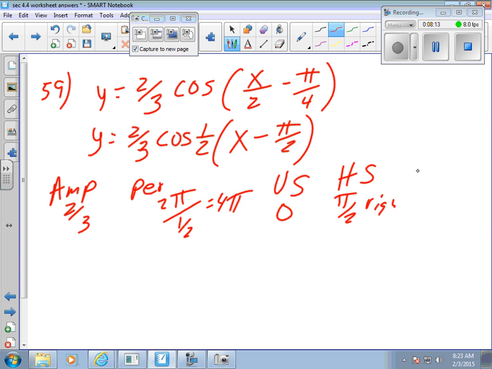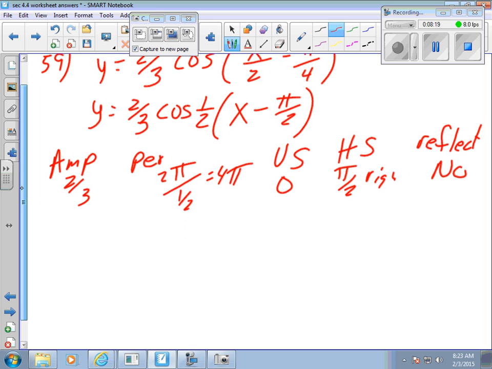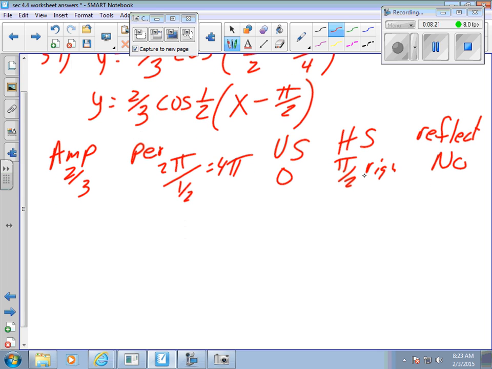And again, my reflection is no. Let's see if we can graph this. And we're shifting to the right.